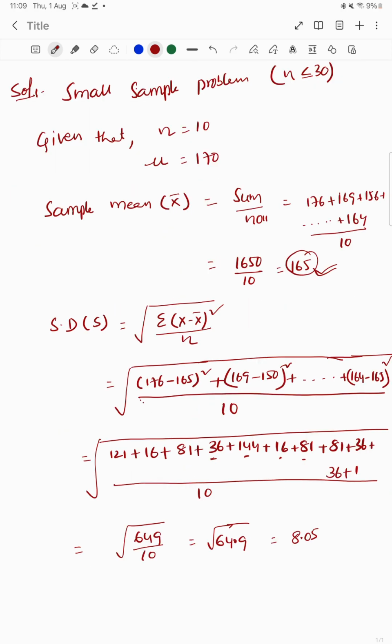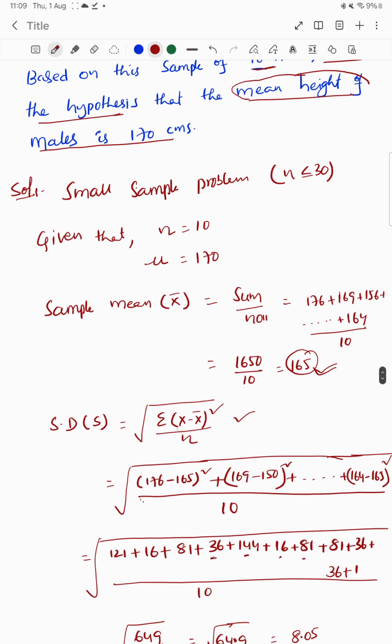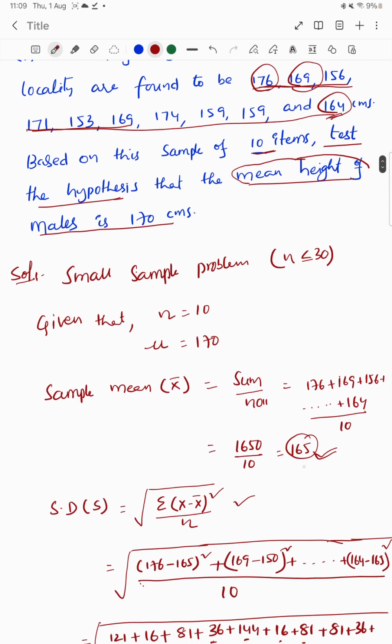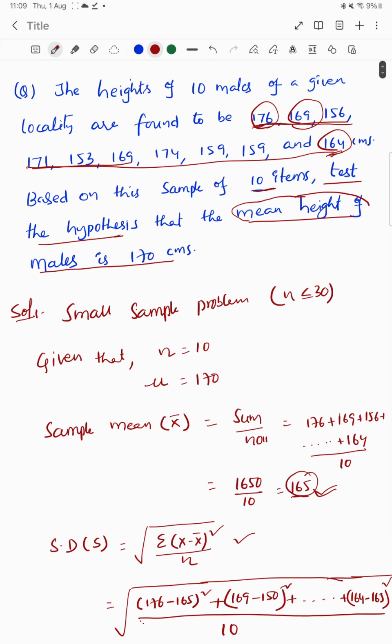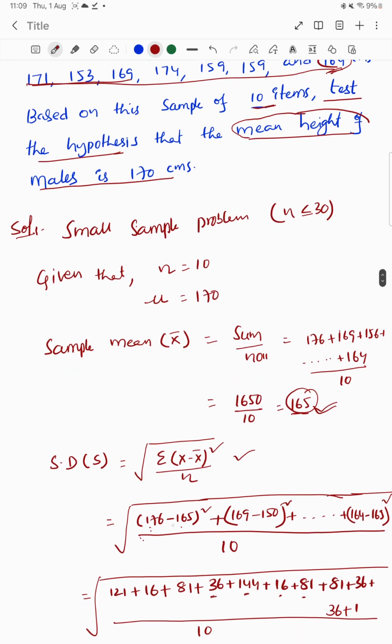I have applied this formula: summation of x minus x bar whole square by n. That means from each observation I have subtracted 165 and applied the square. For example, the first one is 176 minus 165, which is 11, and 11 square is 121.